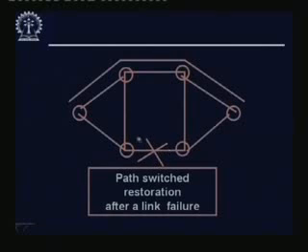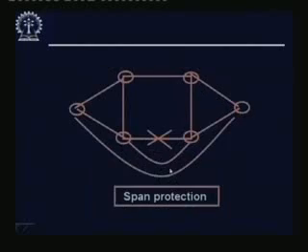What you might do is that you might switch the entire path like this. So, this was the pre-computed path for this path, so you switch to that. This is one possibility. Or this particular span, from here to here or from here to here, may have an alternative path to which you switch.